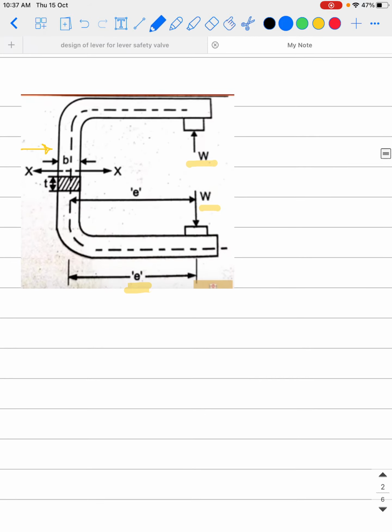So let W be the load applied, and the type of this load is a tensile load applied on the C clamp.